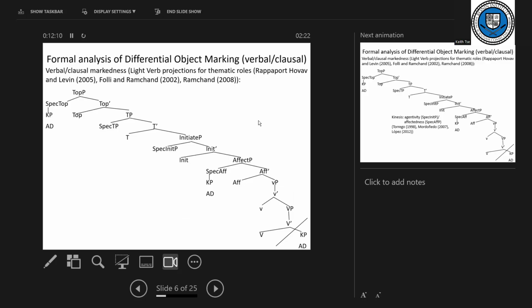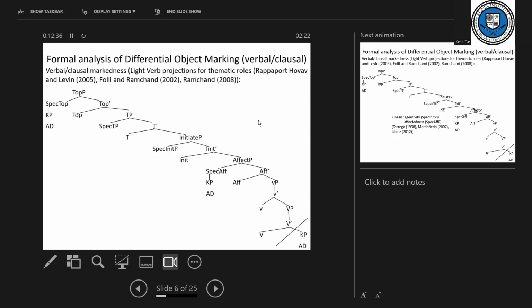Similarly, in the verbal domain, okay, so above the verb, we can construct the event and argument structure of the verb by adopting light verbs. Formal analyses have used light verbs to create the event and argument structure of lexical verbs. And here, add is seen in affected objects.